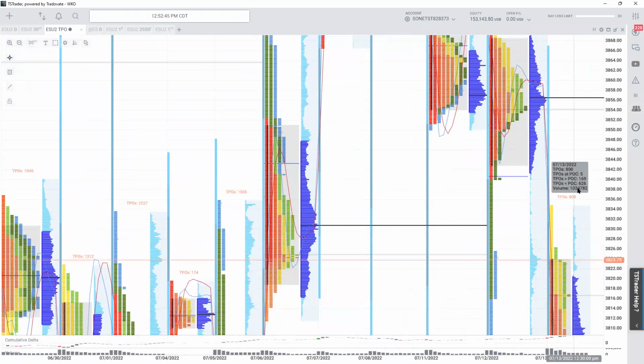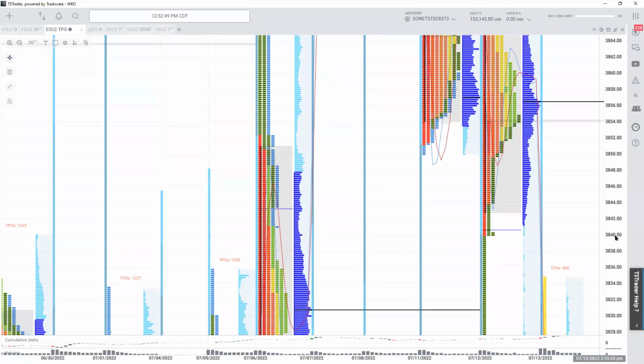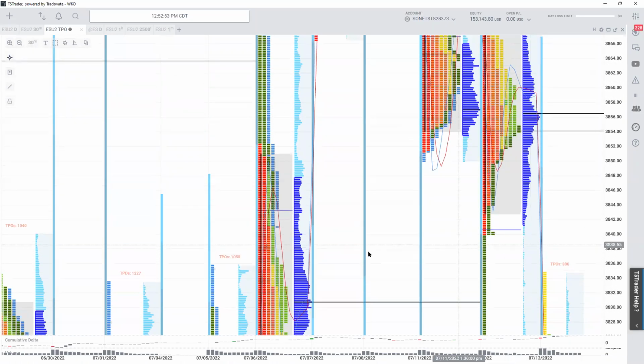Okay. This was yesterday morning. The first thing that this market did early in the session after the initial balance, this little anomaly right here, the market targeted this little anomaly, and it held as the low of the day until the last hour of trade. That little anomaly.